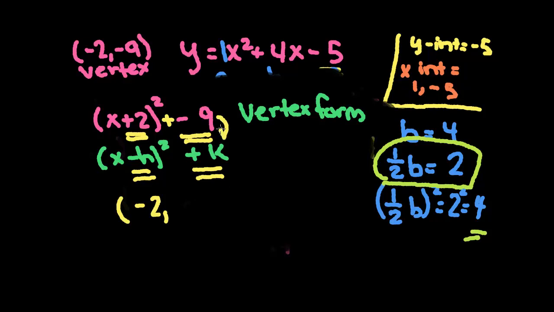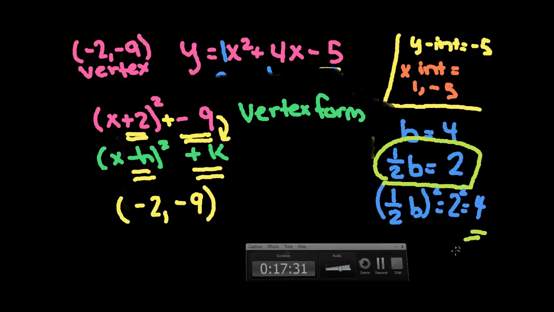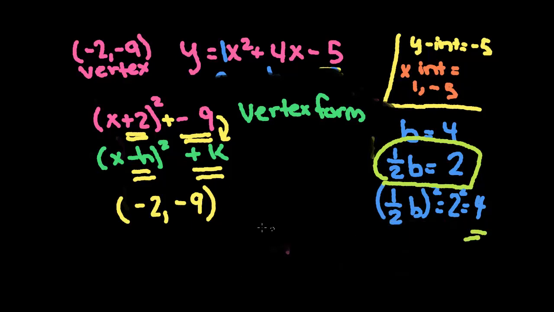So that means I want to take the minus 9 as my number here. So I get my vertex as negative 2, negative 9. So either way we get the same vertex.